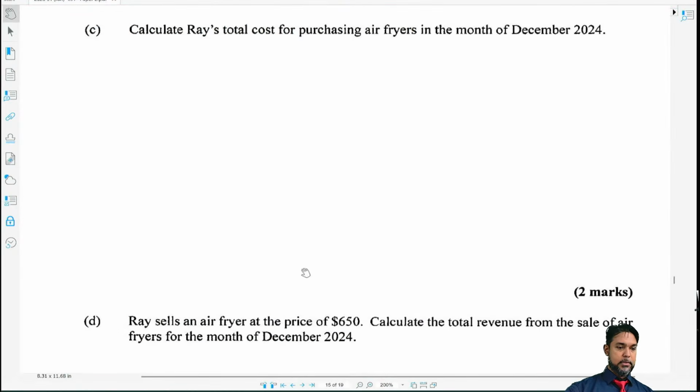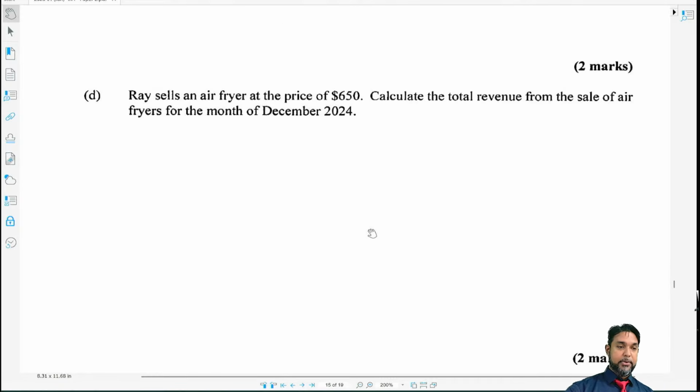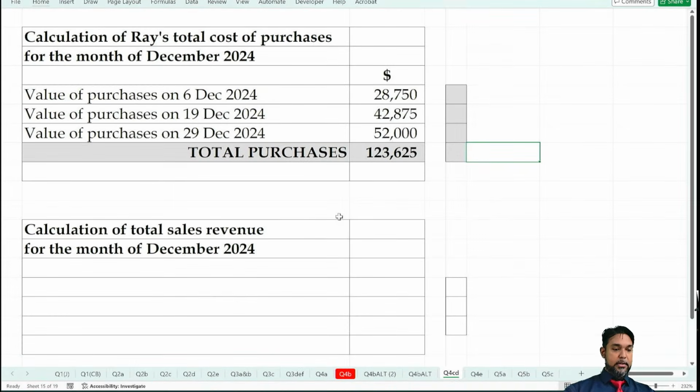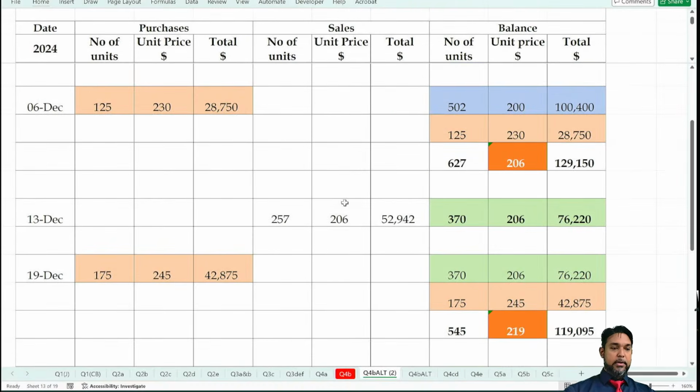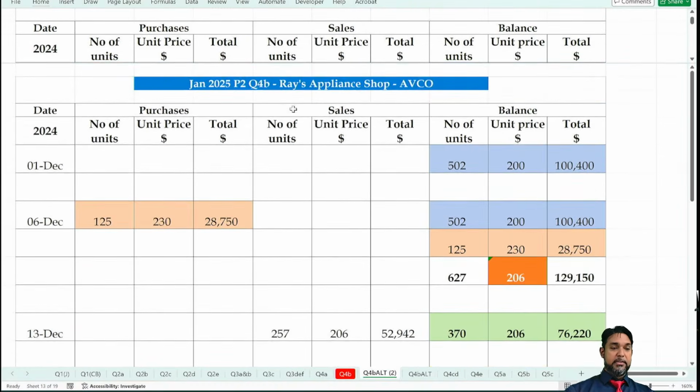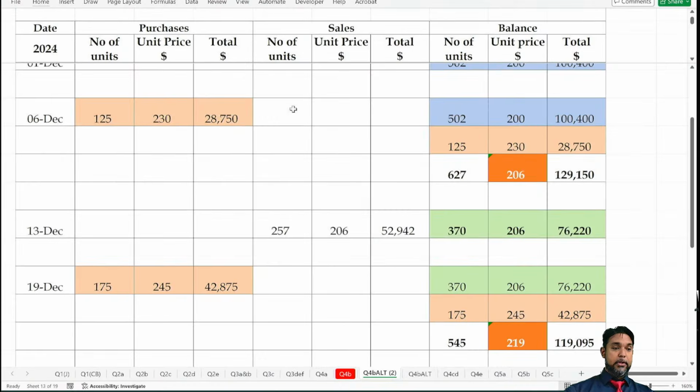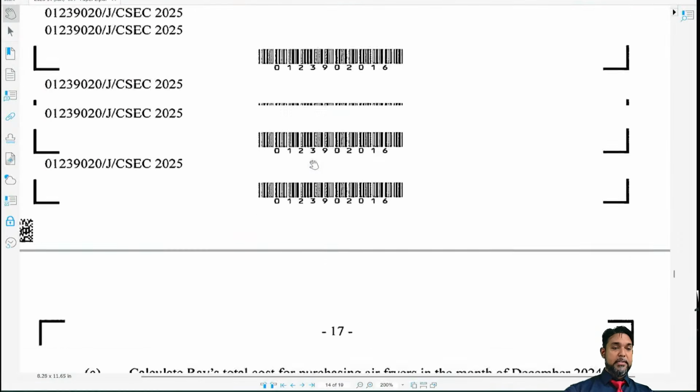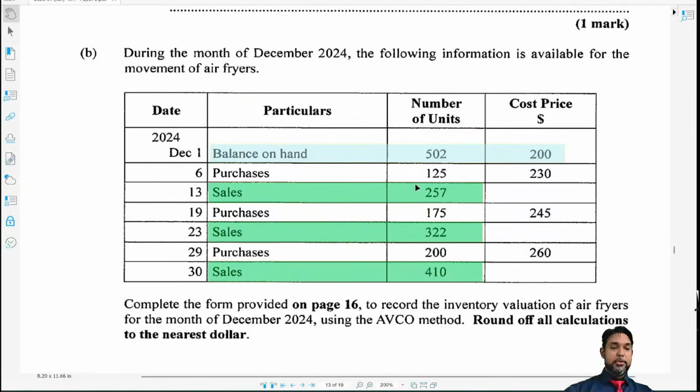And then I want a calculation of total sales for the month of December. So Ray sells an air fryer at a price of $650. Calculate the total revenue from the sale of air fryers. So this one is actually even simpler because to find total revenue, you have to multiply total number of units sold by the selling price. So all we have to do is go back here, look at all the sales, or even go in the question paper and just pull the number of units sold, right? 257 plus 322 plus 410.